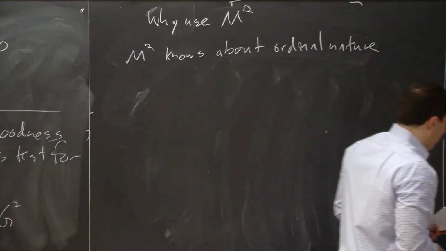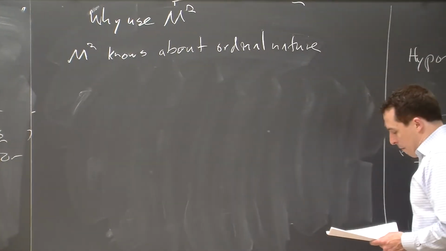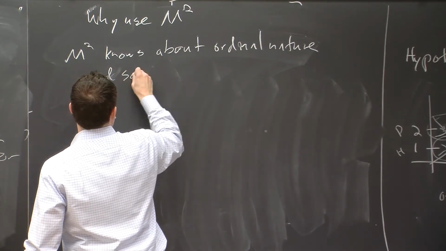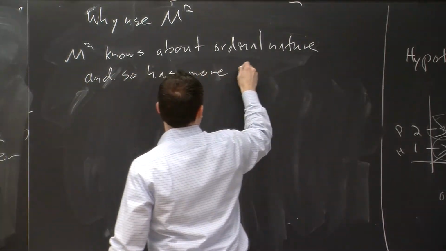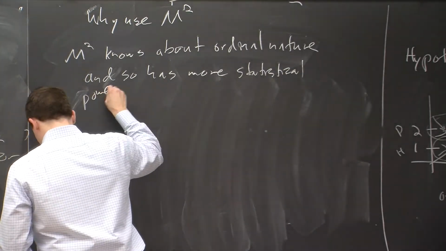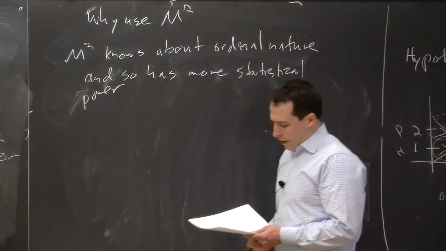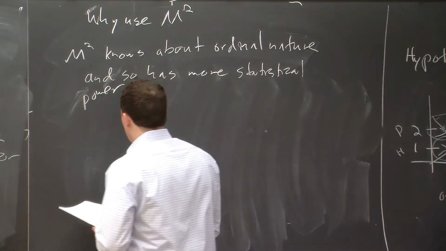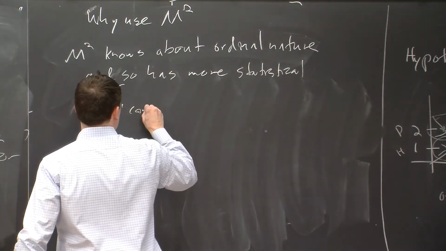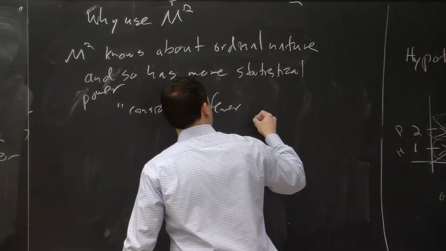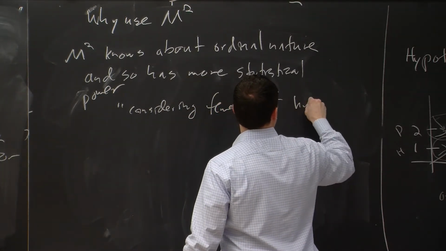And since it's a more specific thing, it has more statistical power. So it can reject the null more easily because it's considering fewer alternative hypotheses. Or fewer ways to fail.